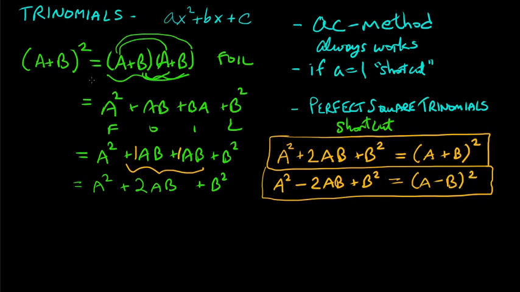You can check that by just changing the sign here and multiplying that out. What you end up with is negative 2AB instead of positive 2AB. So it's not worth going through that all over again. But this is it. These are what you need to factor perfect square trinomials. So let's see how that works when you're doing homework, when you're in practice.